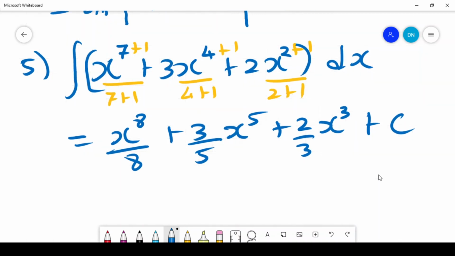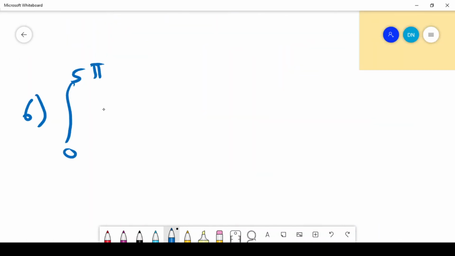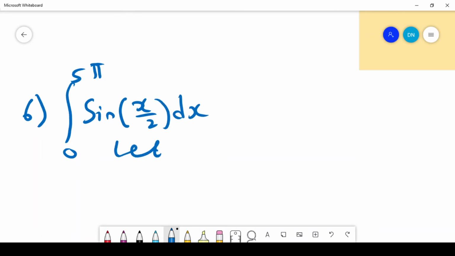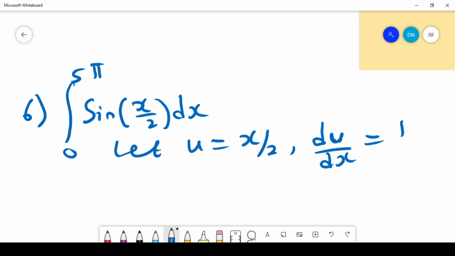And then we have the integral from 0 to 5 pi of sine of x over 2 dx. So what I'll do is I let u equal x over 2, then du over dx is equal to a half.